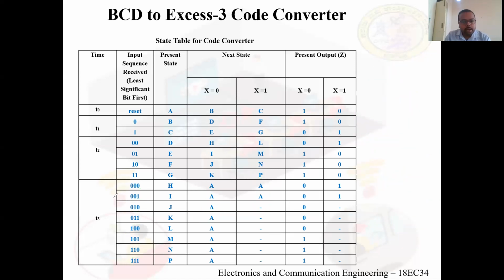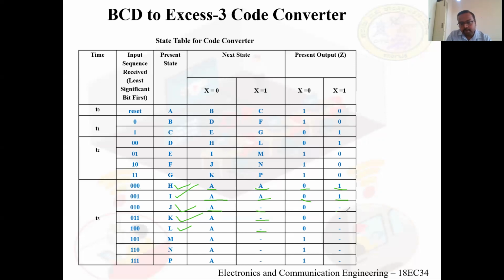Now, just by looking at this diagram, if you look at the states H, I, J, K, and L, here we have A and A, and the outputs are 0 and 1. Similarly, we have A and don't care terms.